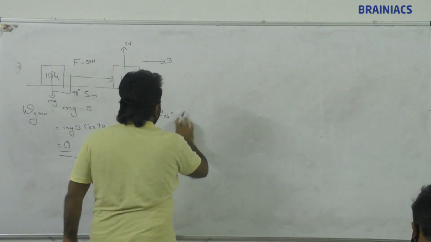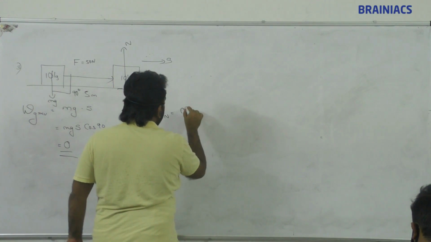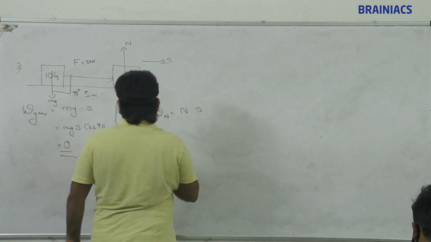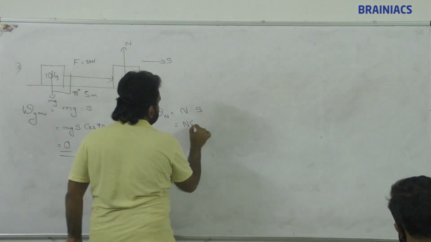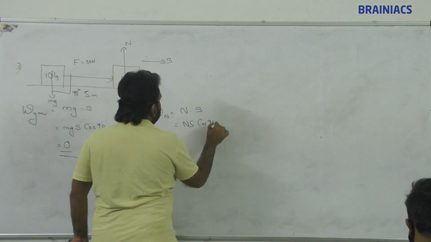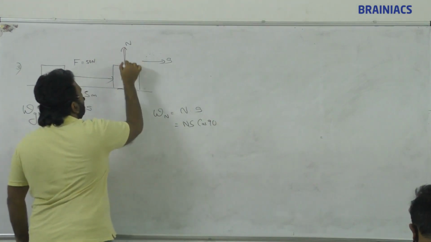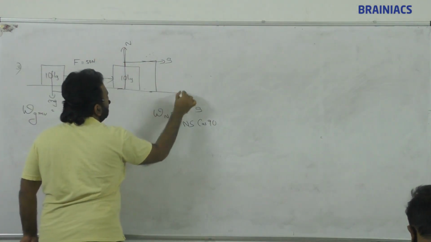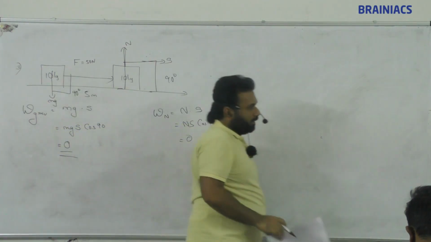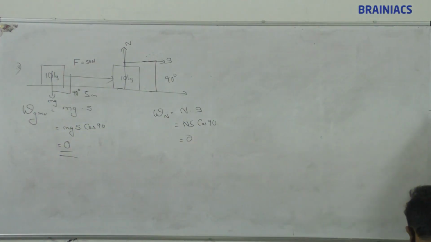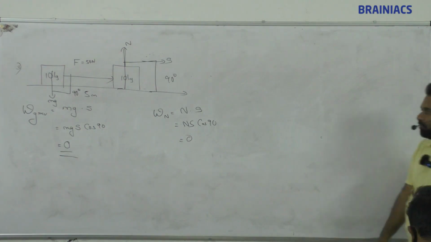So the normal reaction N dot s is N s cos 90. The angle between normal reaction and displacement is 90 degrees. This is going to be 0. Clear? Okay, done. Fine.